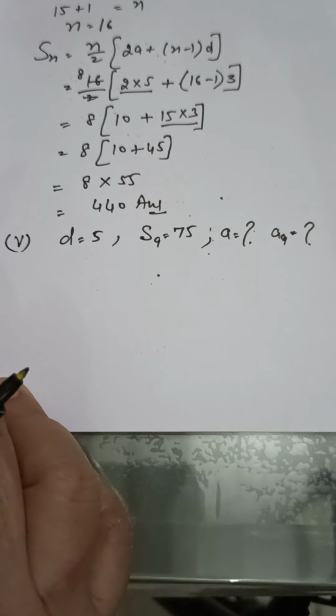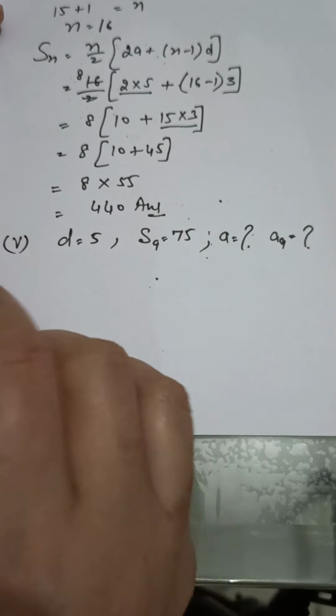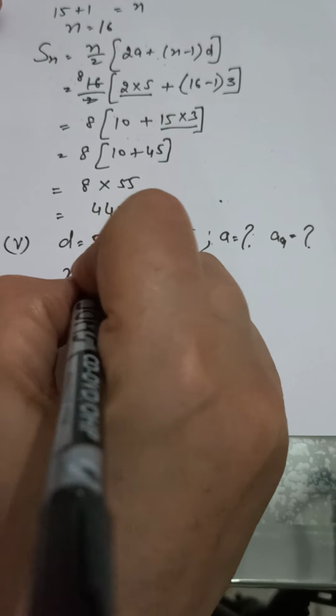What is given to us? S9 is given. That means n is equal to 9.